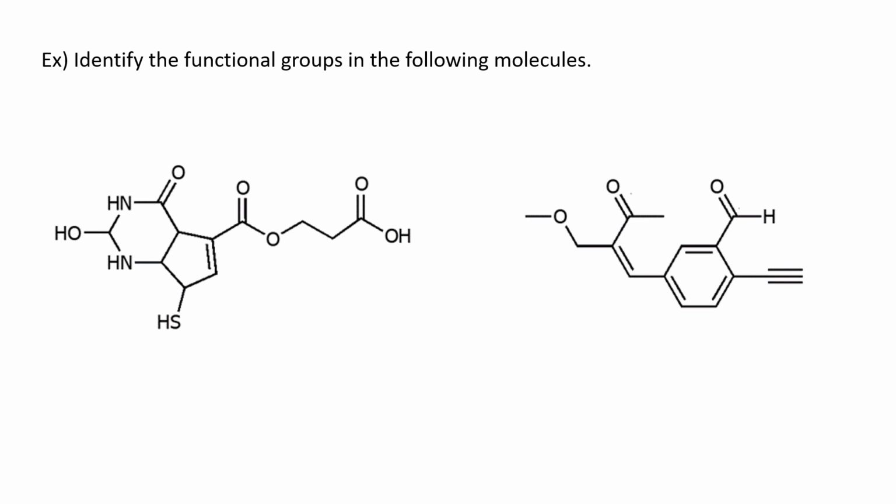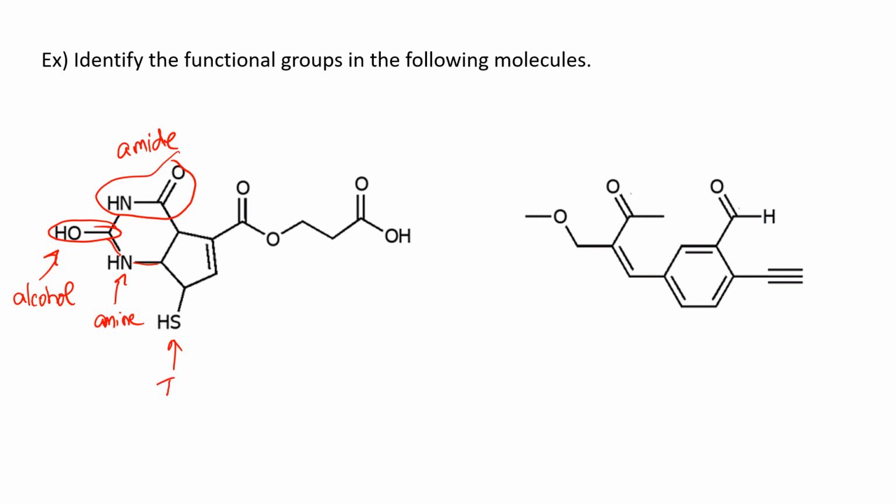All right, hopefully you've had a chance to try this. Our first functional group, we have a COH, that's an alcohol. Next, we have a carbonyl next to a nitrogen, that's an amide. We have a nitrogen that's attached to two carbons, so that technically is a secondary amine, but you can just call it an amine.